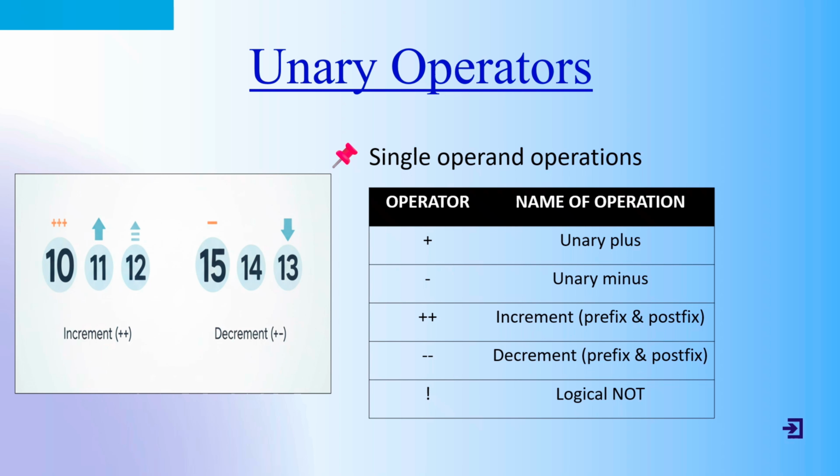Let us try to understand them in more detail. I hope you have seen plus plus and minus minus most probably in loops, where we write i plus plus, which is the short form representation of i equal to i plus 1.